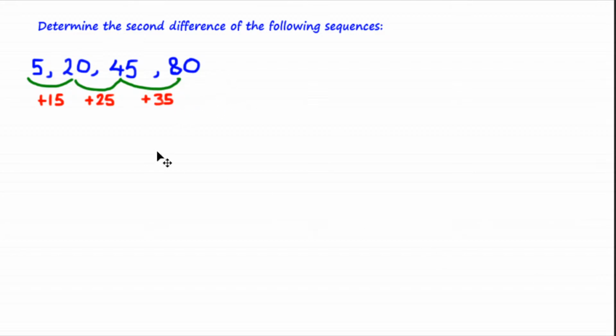The second difference is simply the difference between these values. The difference between 25 and 15 is 10, and between 35 and 25 is also 10. So the number I was looking for was 10. Hopefully that makes more sense, Marcus. Well done, everyone who got that right. Fantastic stuff. On to the next.